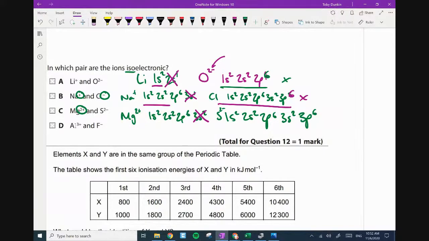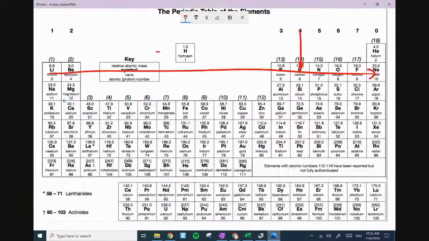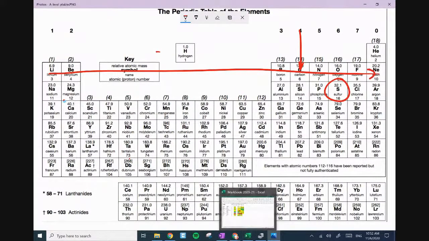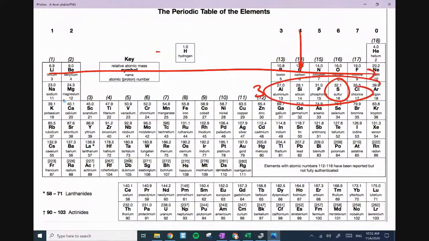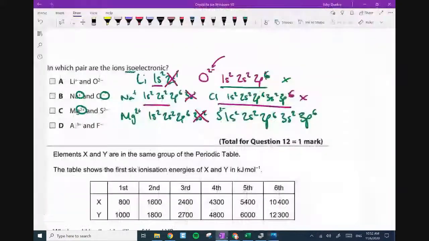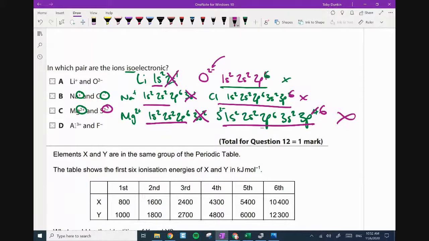Sulfide, element number 16. It's just before chlorine. So 3p4. I like it. Okay? I love that table. So there you go, 3p4. That's sulfur. But remember, it's an ion. It gains 2 electrons. Definitely not the same.